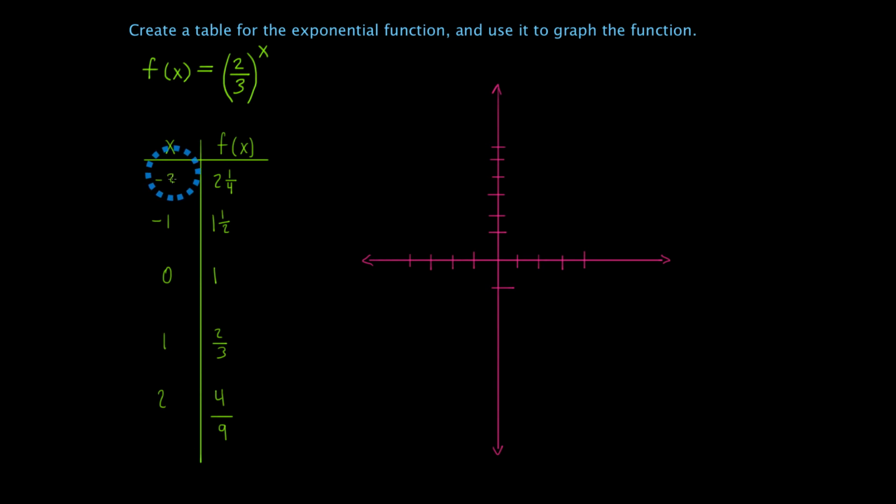So when x is -2, I'm going to think of f of x as y. So when x is -2, I have 2 1/4 here for my y value or my output. So -2 and 2 1/4 is going to be somewhere around here. I'm probably a little bit higher than where I need to be, but 2 1/4. And then when x is -1, y is at 1 1/2. So I'm going to say that's right about here.